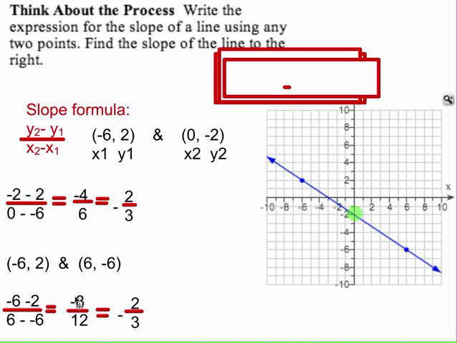Negative 6 minus 2 is a negative 8. 6 minus a negative 6 is 12. Negative 8 over 12 simplifies to 2/3. And again, a negative divided by a positive is a negative fraction. So as you can see, both answers are the same, regardless of which 2 points you use.